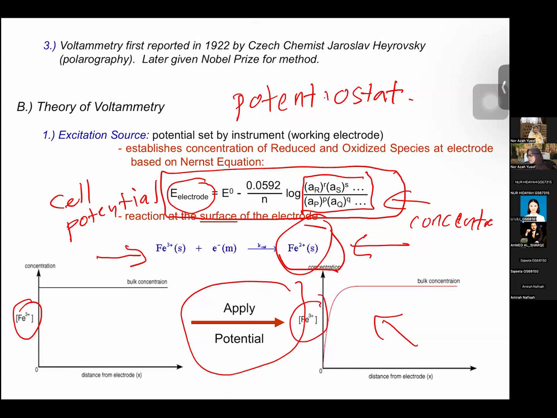So you can see that that's why the bulk concentration of ferrum 3 plus is decreasing, because it changes from ferrum 3 plus to ferrum 2 plus. It's a simple reduction process from ferrum 3 plus to ferrum 2 plus, but it requires a specific potential for that process to happen.